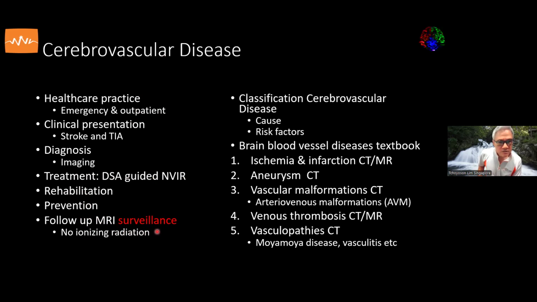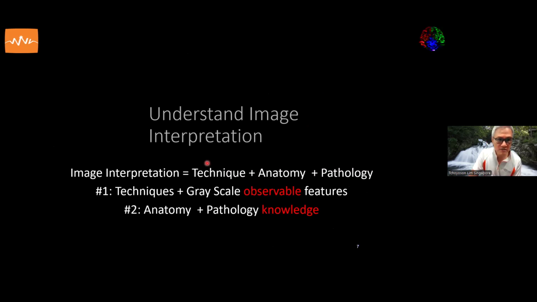However, since we will not have a large number of ischemic strokes and the number of cerebrovascular diseases in children is much less than adults, my talk today will focus mostly on adult diseases. Later on, we will go into the classification of some of the causes and the risk factors of the different types of cerebrovascular disease.